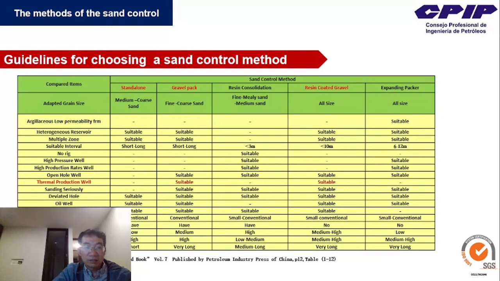And the term of validity: the standalone is short, the gravel packer is very long, the resin consolidation between medium and long, resin-coated gravel is very long, expanding packer is very long.